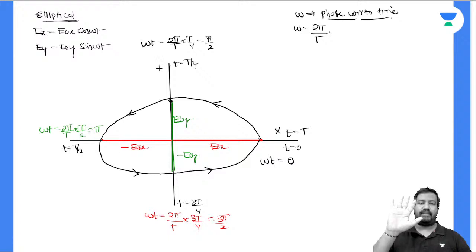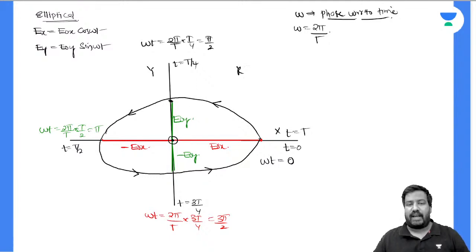This is x-axis, this is y-axis, and towards me is z-axis. Toward that z-axis, keep your thumb finger, any hand. See whether the fingers are matching or not. In my case, it is matching. Which hand? It is right hand. Therefore, this is right elliptically polarized. If the orientation is like this, then left hand will match. It is left elliptically polarized. In that way, you must decide the polarization.